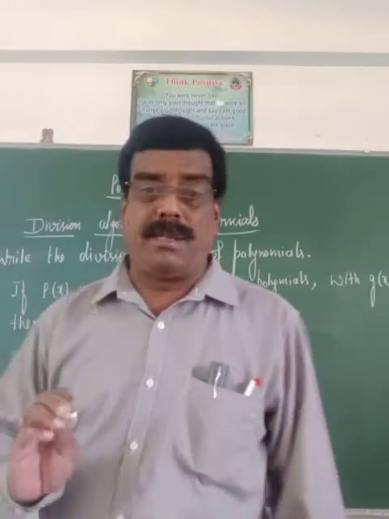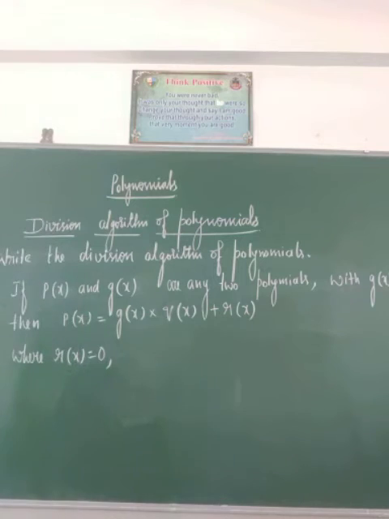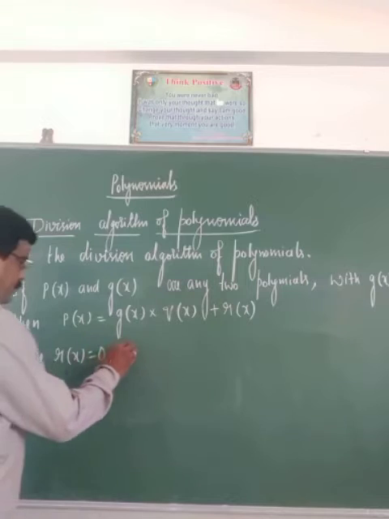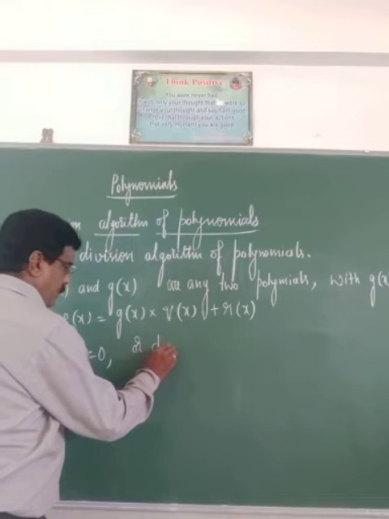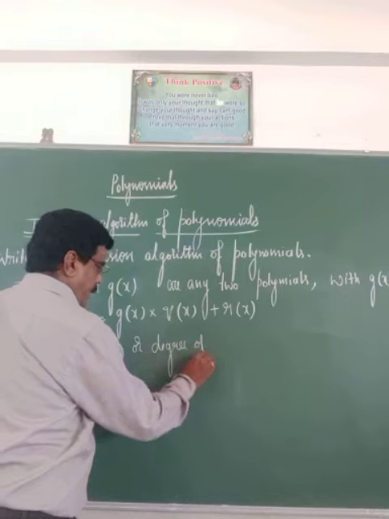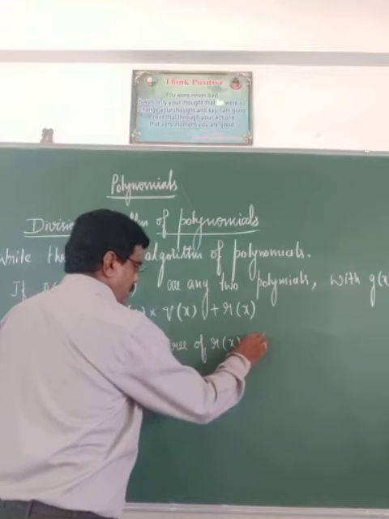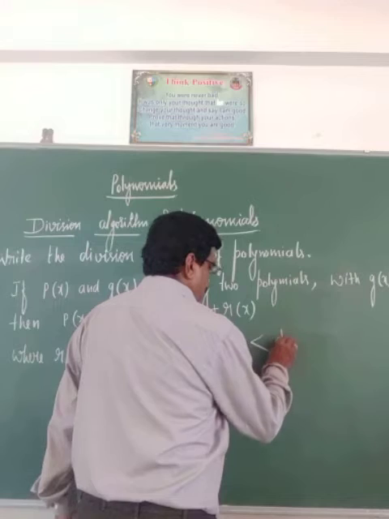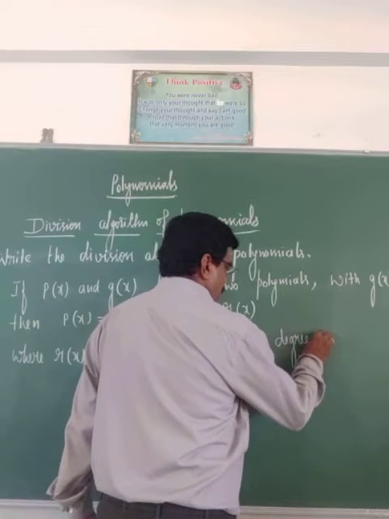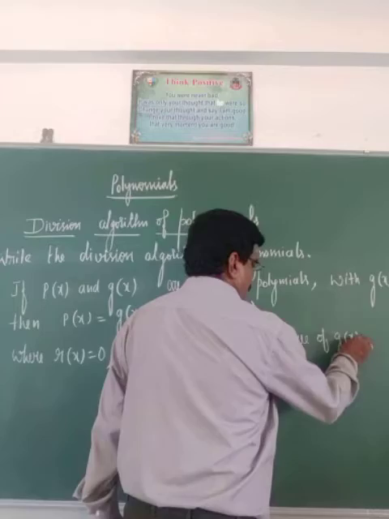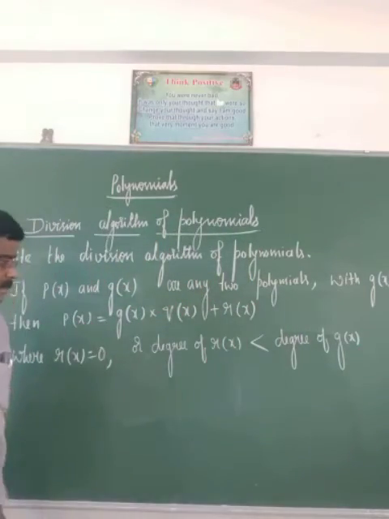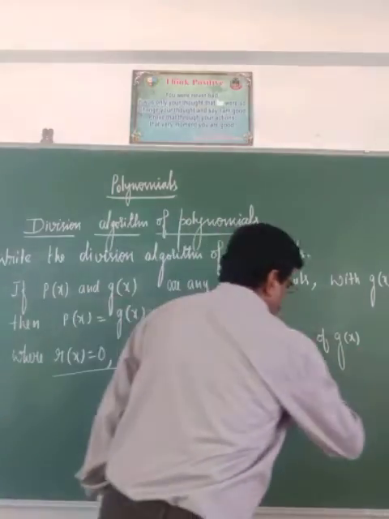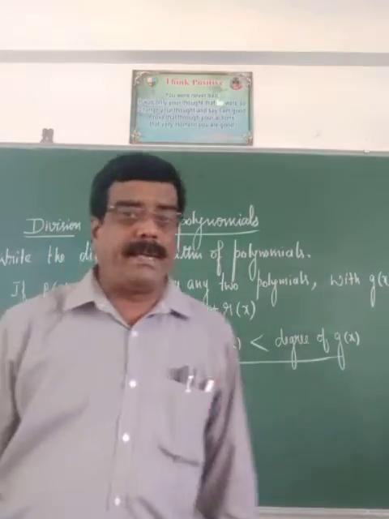Sometimes r of x may be 0, we are not sure, it depends on the question. r of x is 0 or degree of r of x is less than degree of g of x. This is the most important condition, children, regarding the remainder.